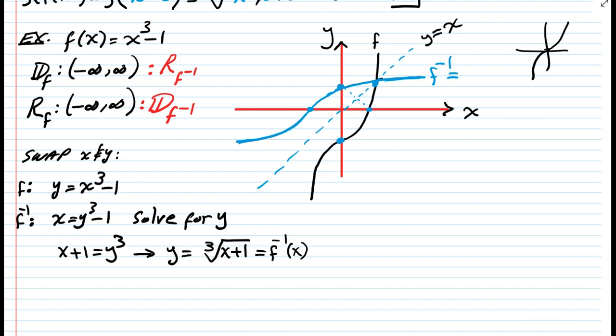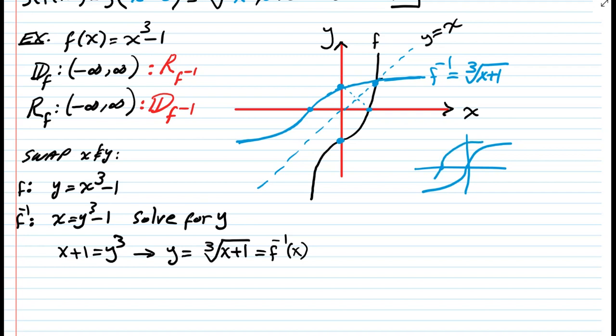This is given by the cube root of x plus 1, which is a cube root function. Remember, our cube root functions look like this. Plus 1 shifts it to the left 1 unit, and it's going to look like so, right? And that's exactly what that is. But we only used reflection to do that.